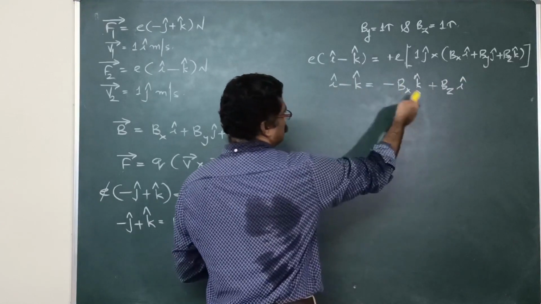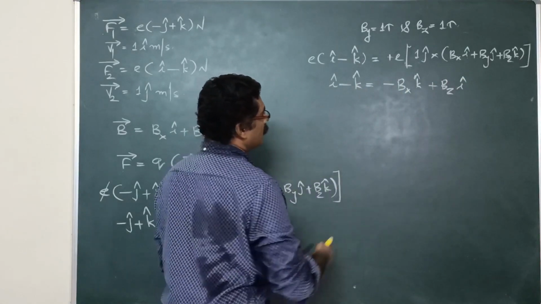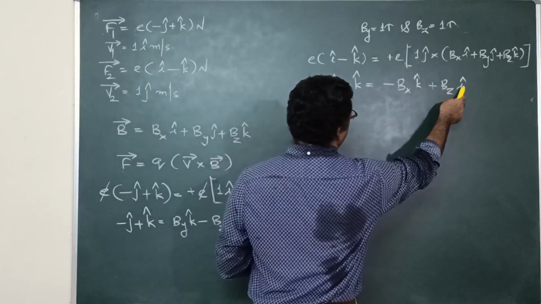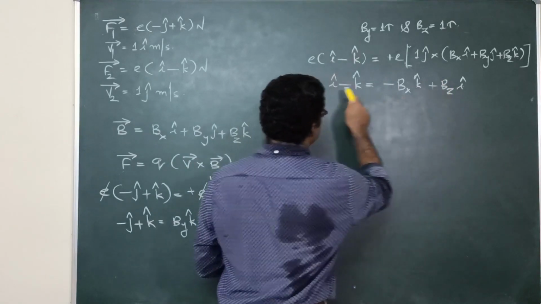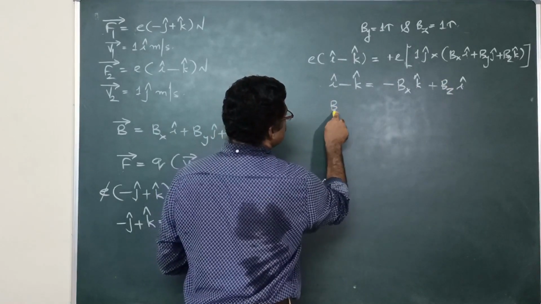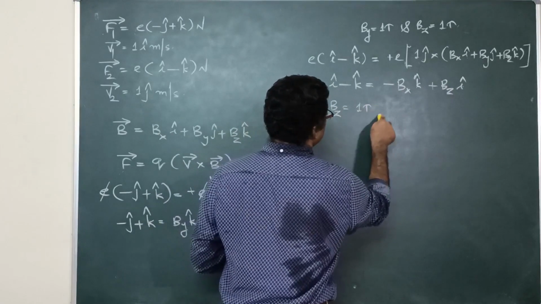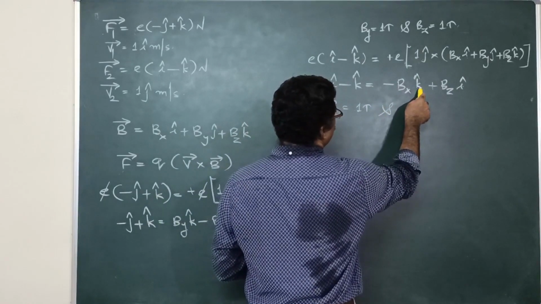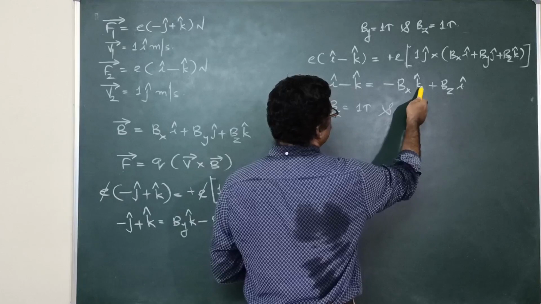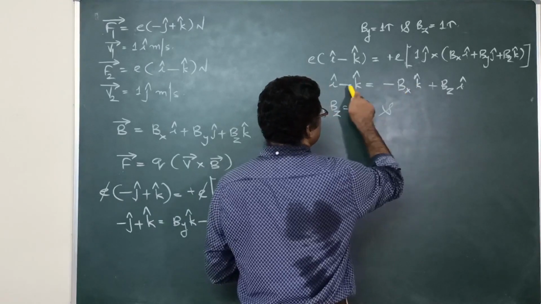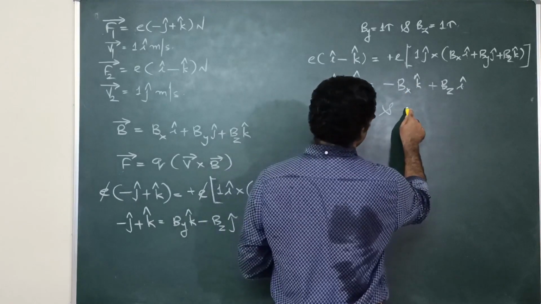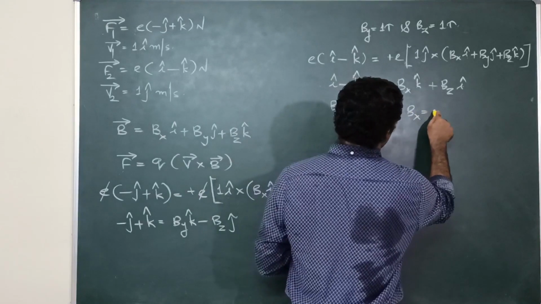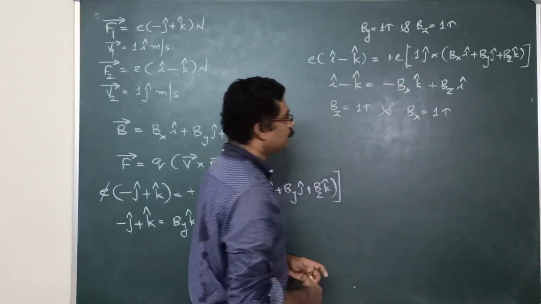Then you compare the coefficients. On comparing, for the i cap component you get Bz, and here the component is 1, so Bz is equal to 1 Tesla. The coefficient of k cap is minus Bx, and here it is minus k, so Bx is equal to 1 Tesla.